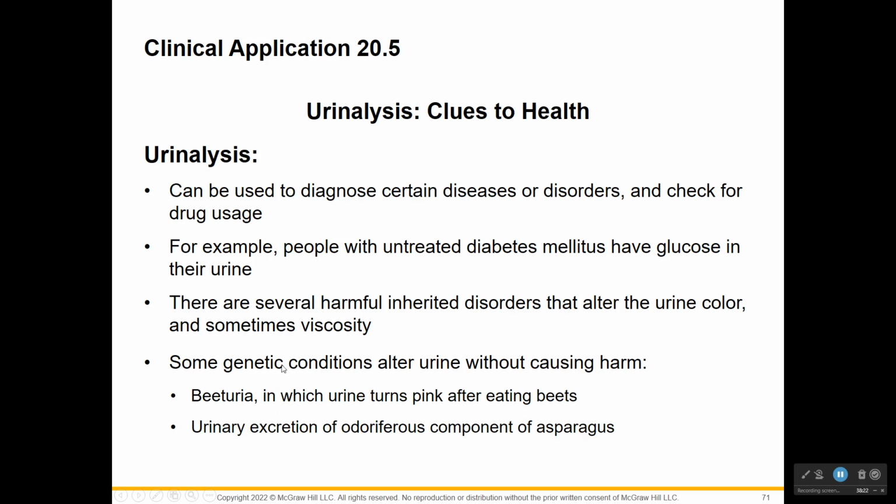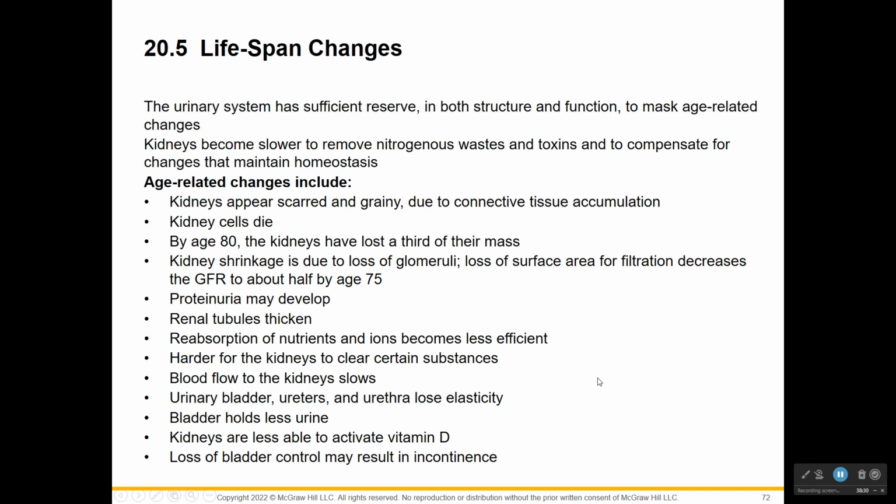And both of those are genetic conditions. So you actually pass that down. I need to go eat some beets and see if I have this allele for beeturia. And of course, as you age, your kidneys start to do less, and you lose control of your bladder, and you pee on yourself, and that's giving you something to look forward to.